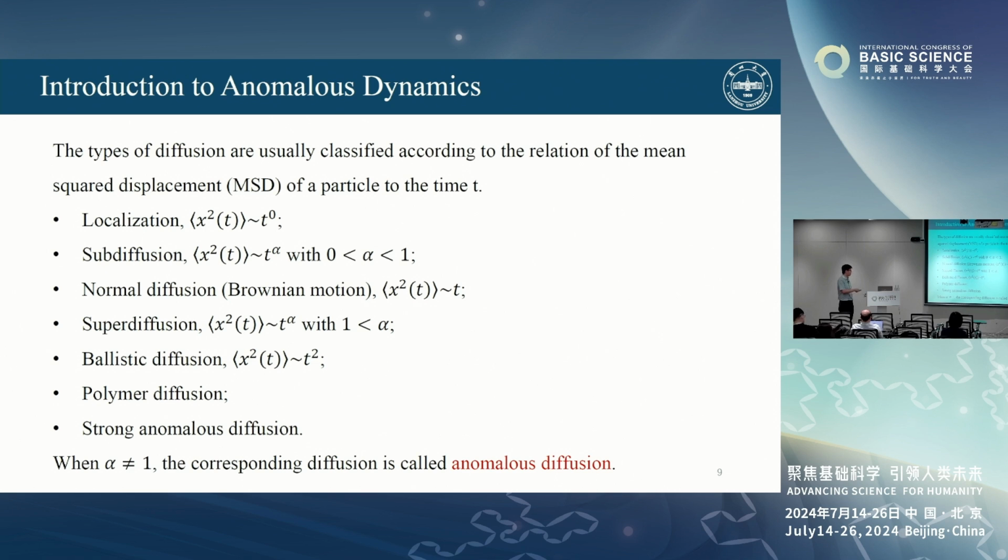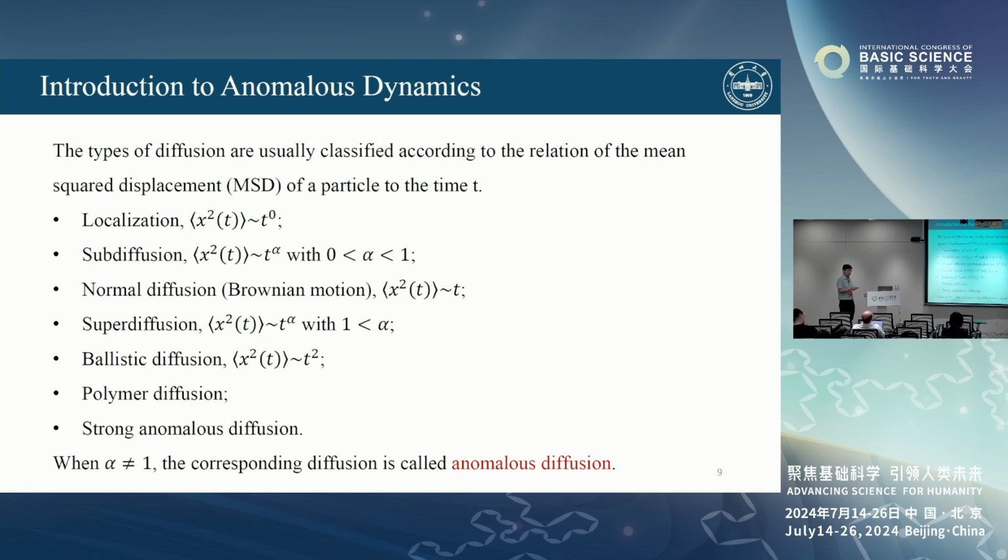Also, there are some observations of polymer diffusion, as I just described. The second moment of x(t) is a linear function of t, but the PDF is not a Gaussian distribution. There is also another notion, strong anomalous diffusion.